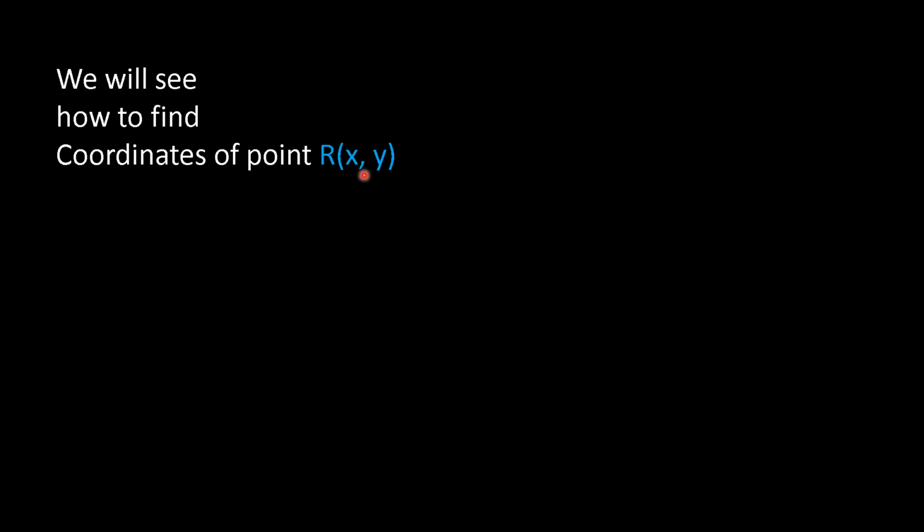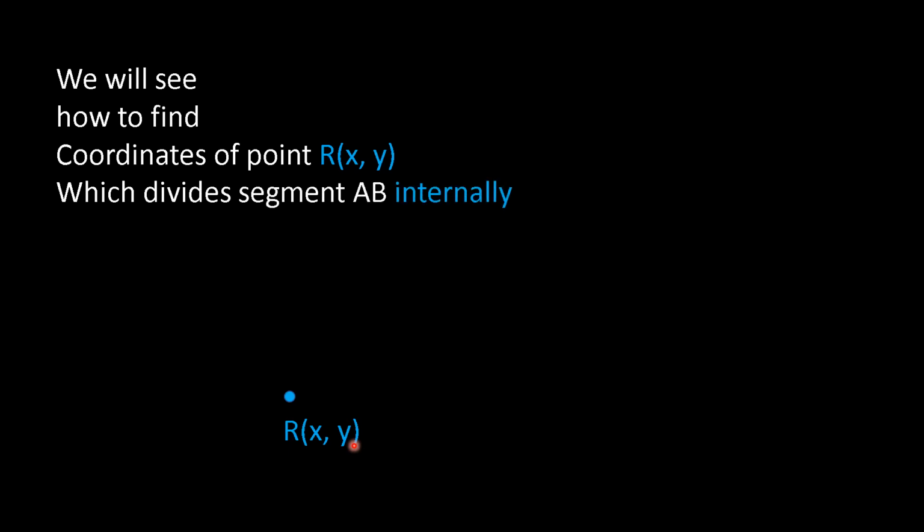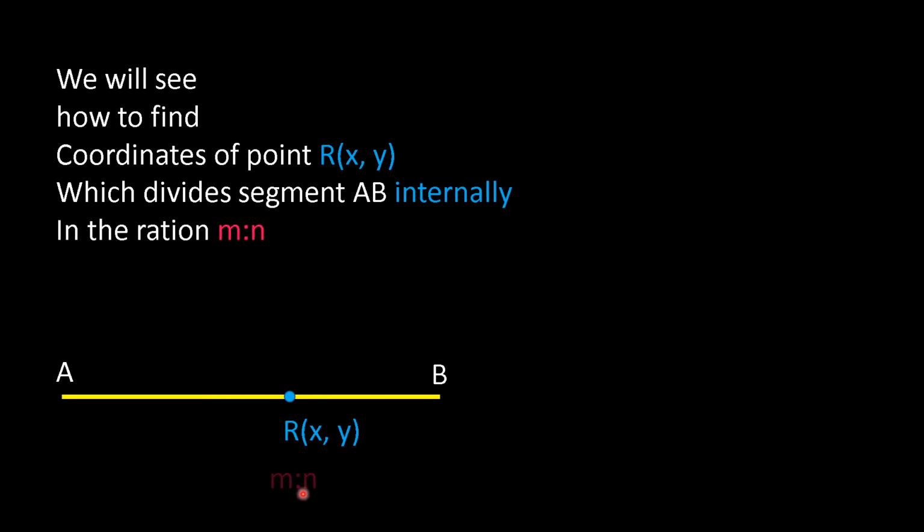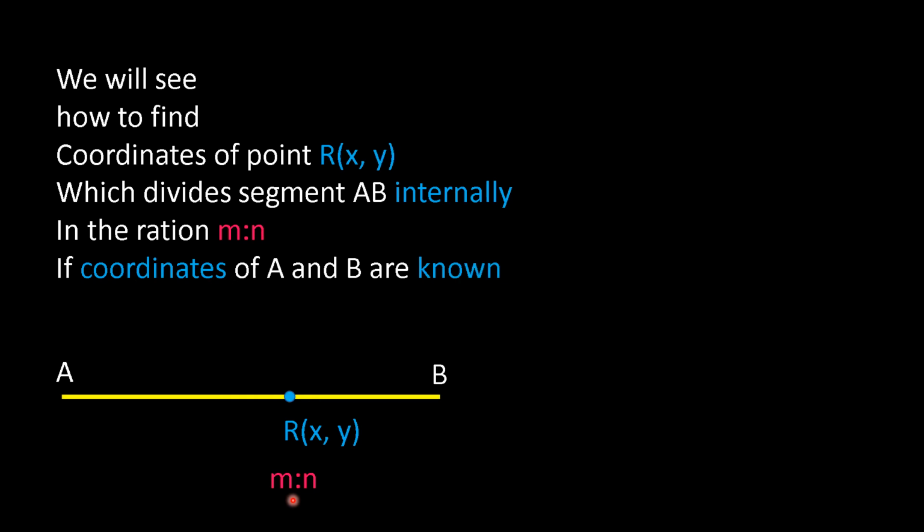We will see how to find coordinates of point R x, y, which divides segment AB internally in the ratio m/n if the coordinates of points A and B are known.